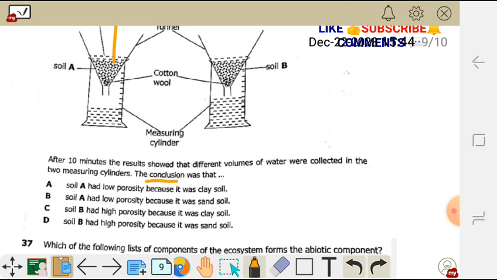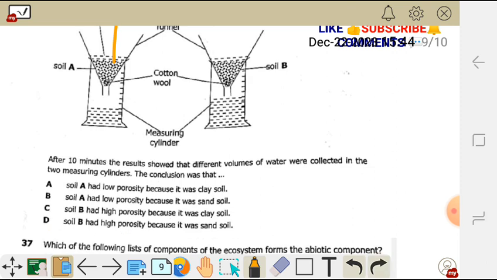So the conclusion was that soil A had low porosity because it was clay soil, or soil A had high porosity because it was sand soil, and then soil B had low porosity because it was clay soil, or soil B had high porosity because it was sand soil. So this word porosity means the pores which are formed by those particles.